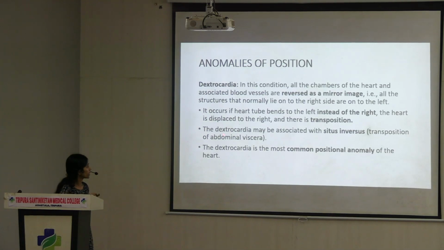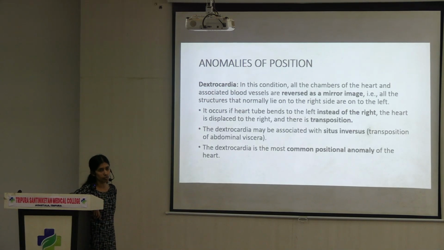It occurs if the heart tube bends to the left instead of the right. The heart is displaced to the right side, and this condition is called transposition of the heart. If you remember the looping of the heart, which I mentioned in the development of the heart tube, your heart tube will bend towards the right side and the atrium parts will go to the posterior aspect, right?